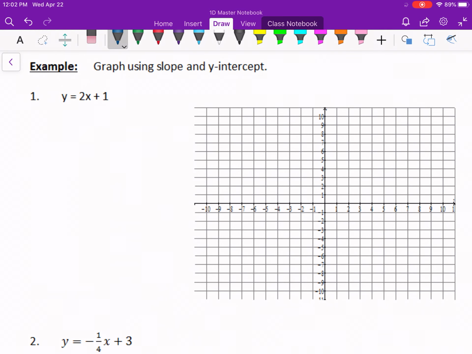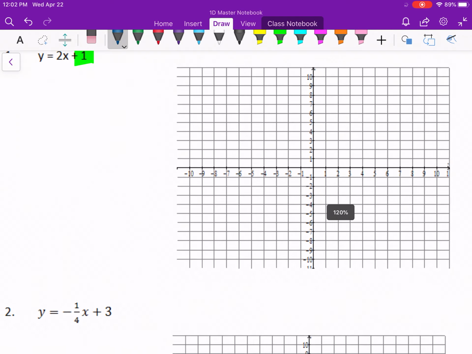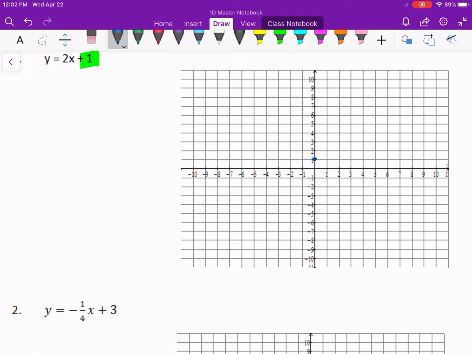Y equals 2x plus 1. What's the starting point? Well, the starting point is the y-intercept, plus 1. Now this one I've got a nice grid for, so I can be a bit more accurate. So there's 1. Where do I go from there? Well, from there, I use my slope as directions, 2. But think of it as 2 over 1. Think of slope as a fraction.